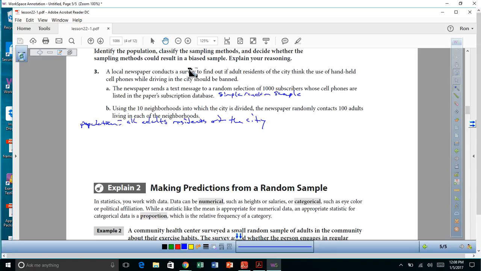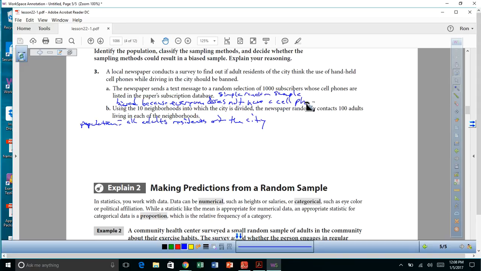Now, could it result in a bias? Yes, it does, because everyone does not have a cell phone.